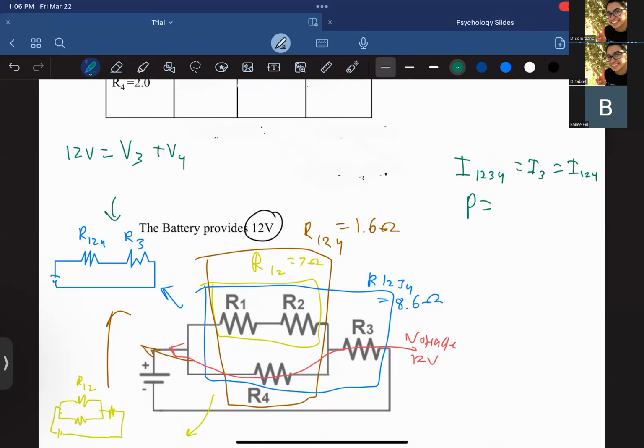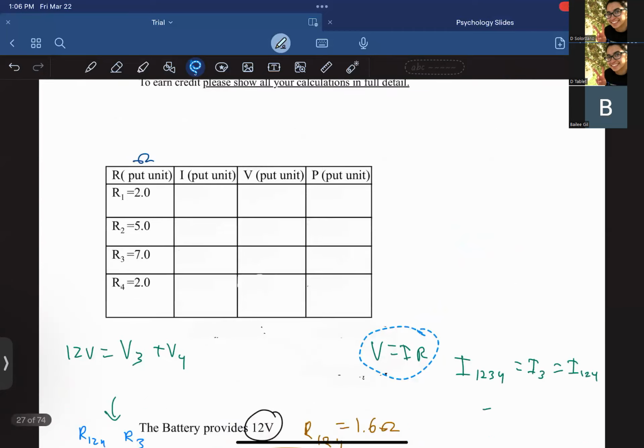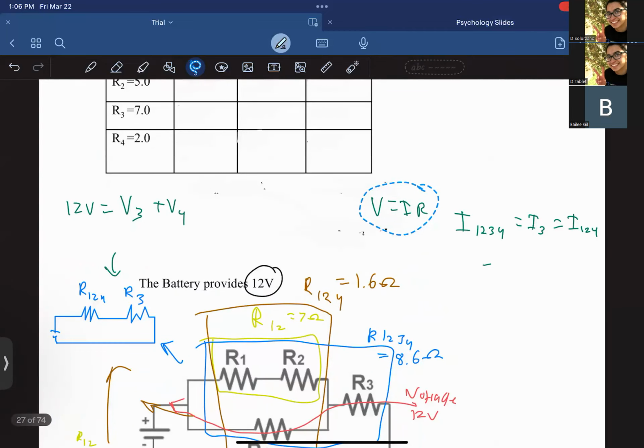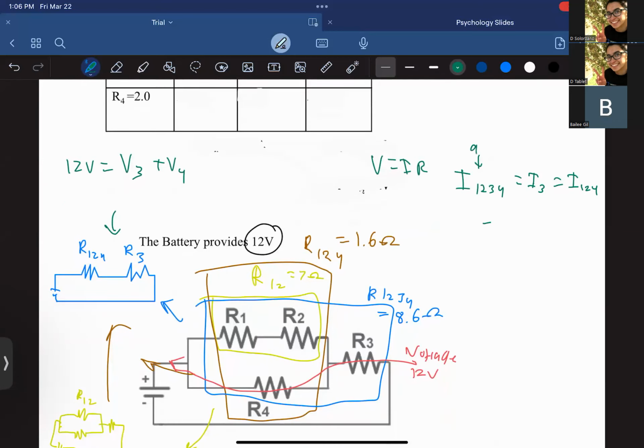So then we have, we're not using P yet, are we? We're using V. We have our V equals IR, because this is essentially all of the resistors. So V is equal to 12 volts.